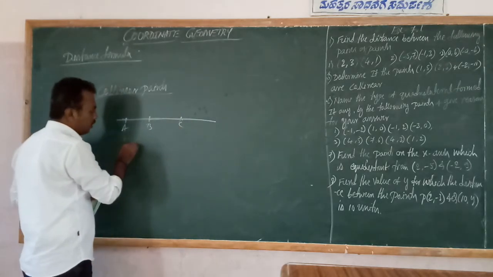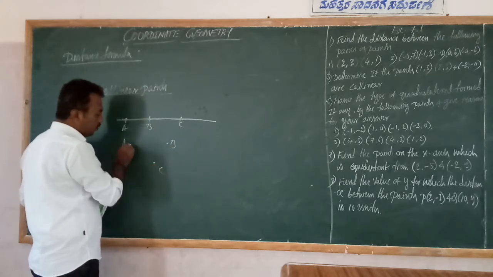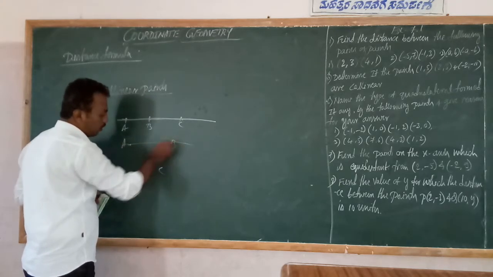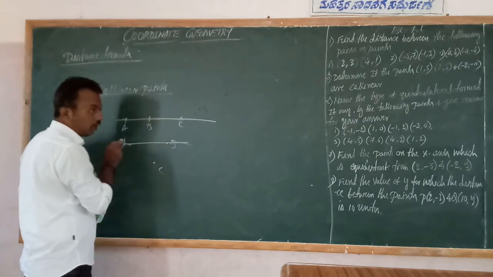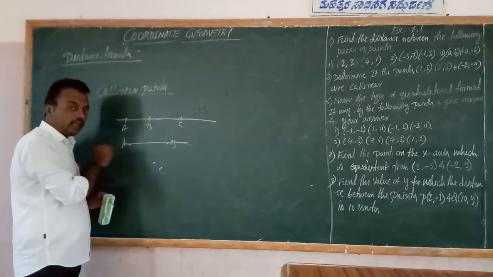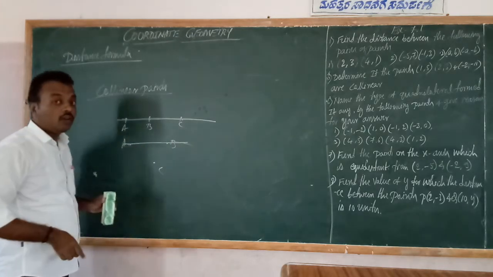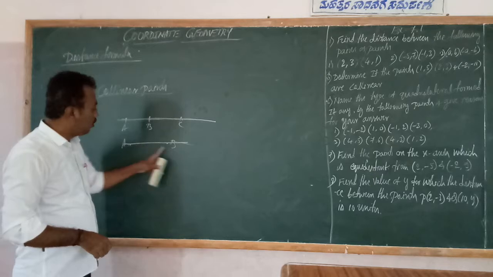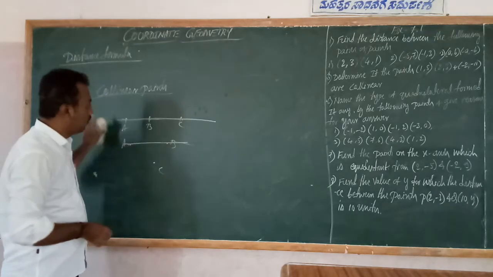Sometimes there are points like A, B, D, C. Are they collinear? No. If you join any two points, it becomes a straight line, but I want a minimum of three points lying on the same straight line. Then it is collinear. These three points are non-collinear because they are not lying on the same straight line.